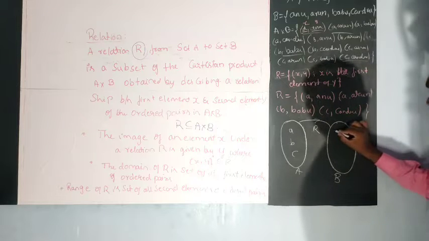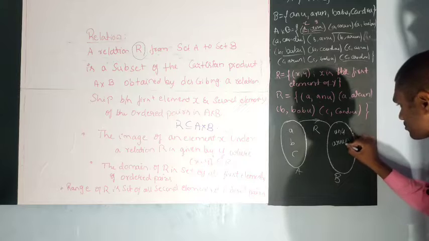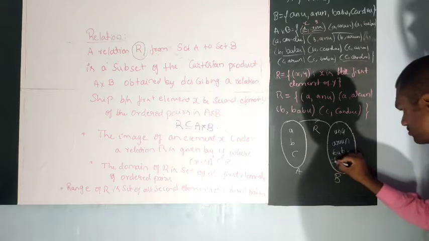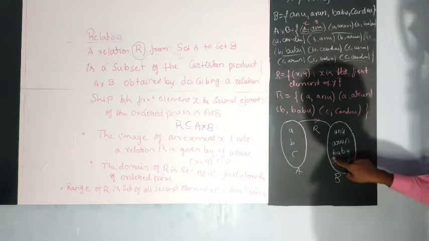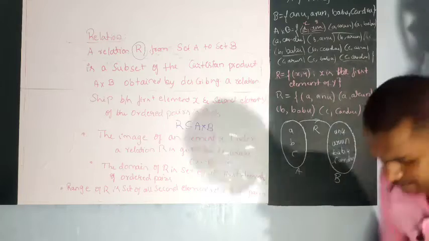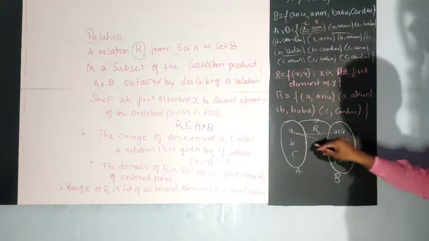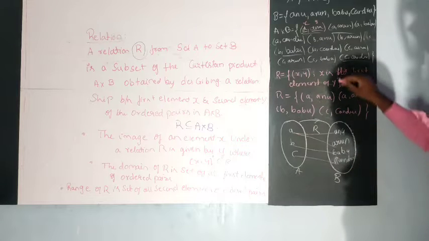So here we have Anu, Arun, Babu, Chandru. I have not written the name, so Chandru, relate them. So A to Anu, A to Arun, B to Babu, C to Chandru. This is the relation, right?